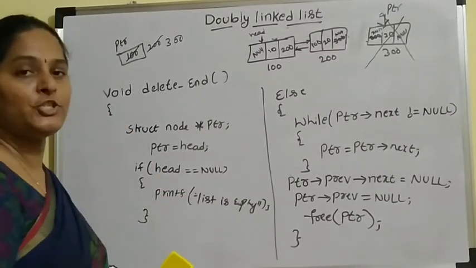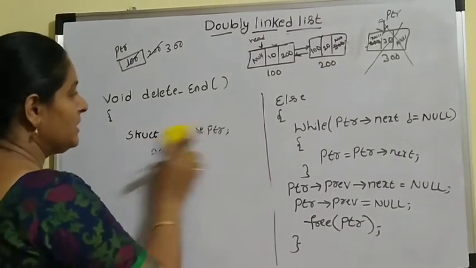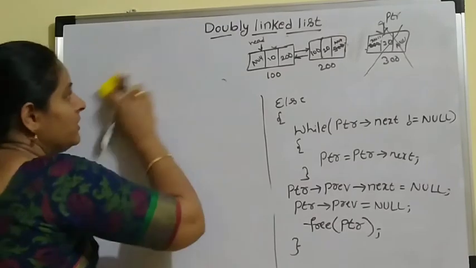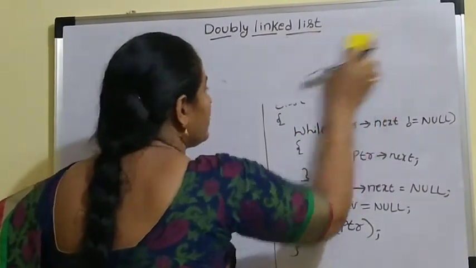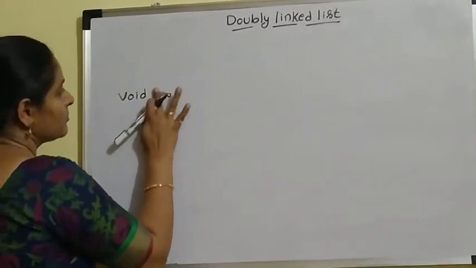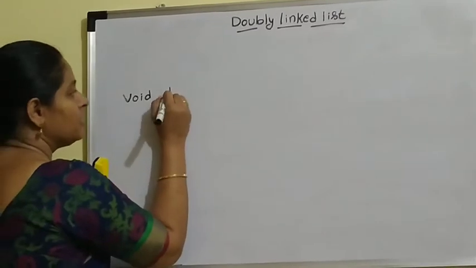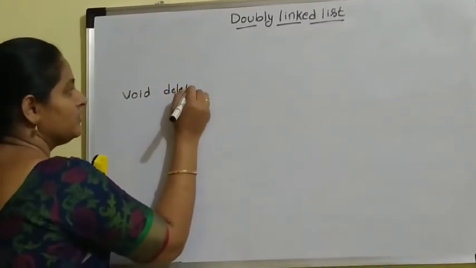So let us see the deletion in the middle case. How to delete the middle element from the list. Void delete middle or delete specified element.